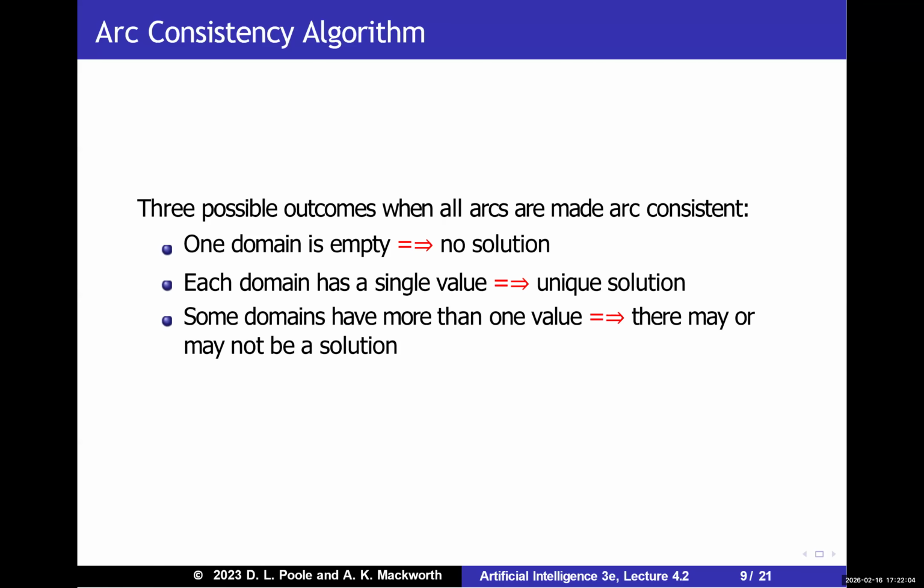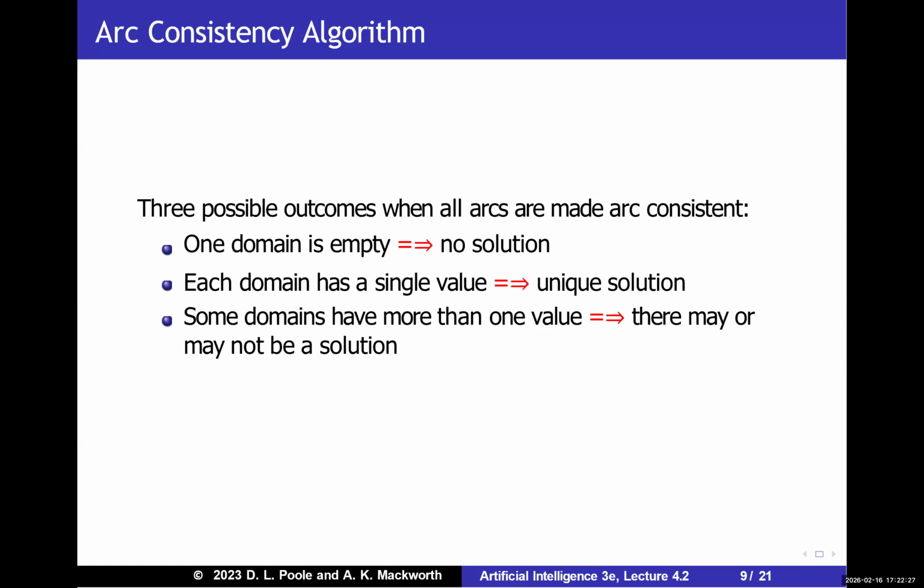And continuing with the ARC consistency algorithm, once all arcs are made ARC consistent, there are three possible outcomes. First, a domain might become empty, and if that happens, there is no solution. Second, every domain might shrink to a single value.